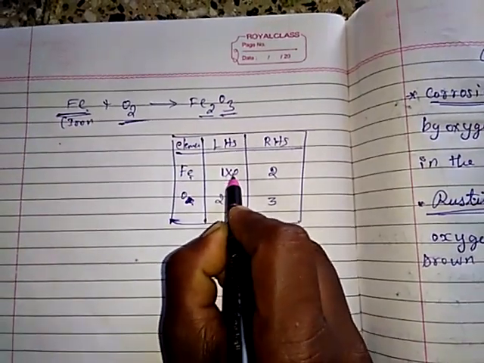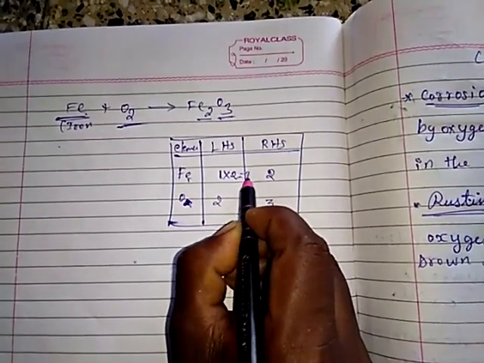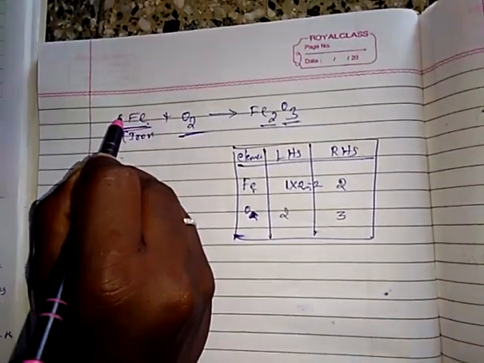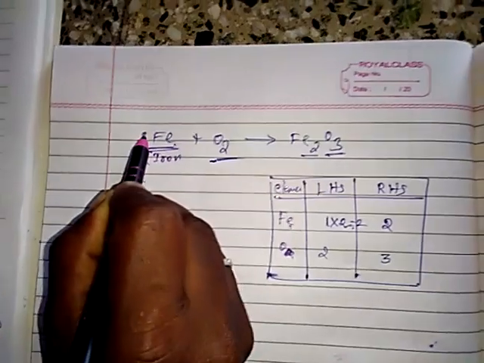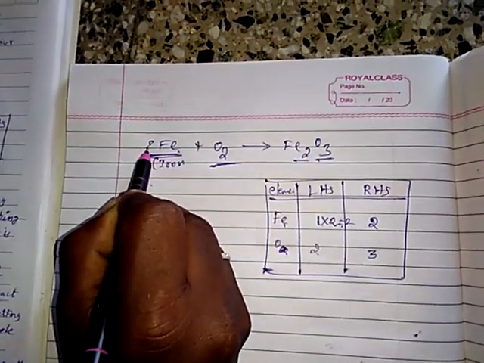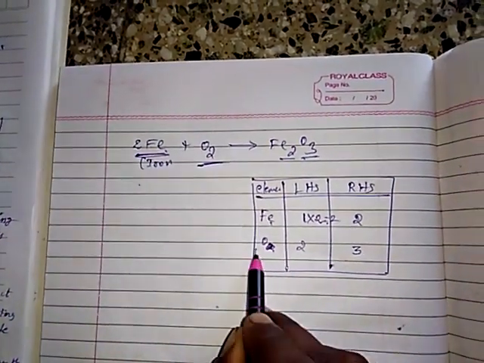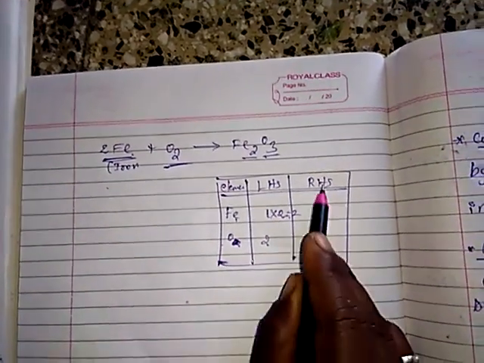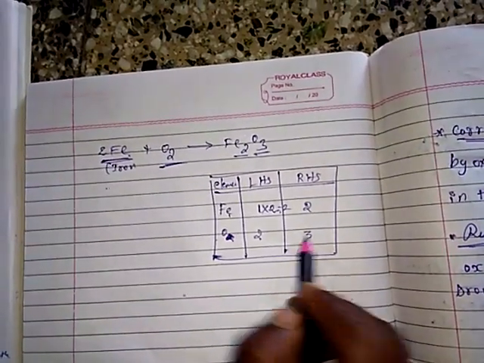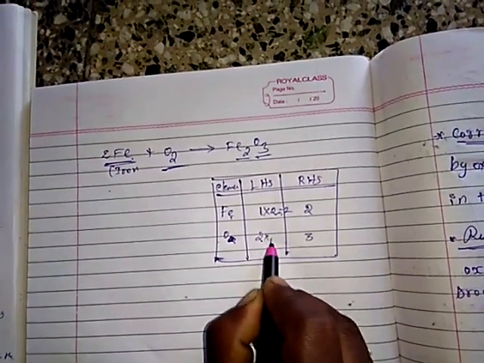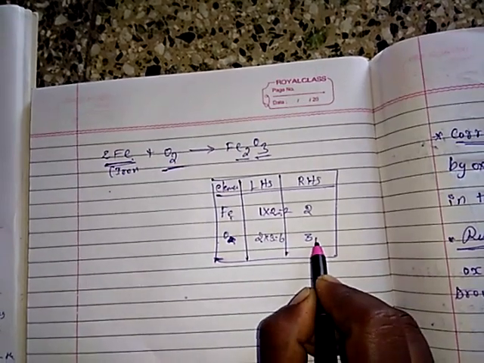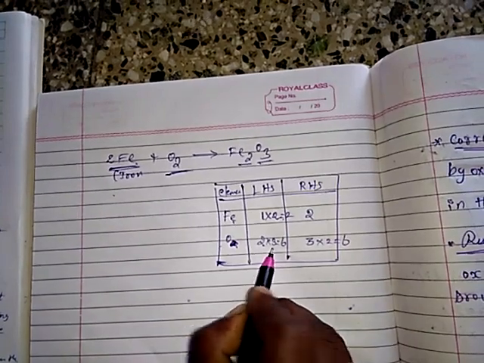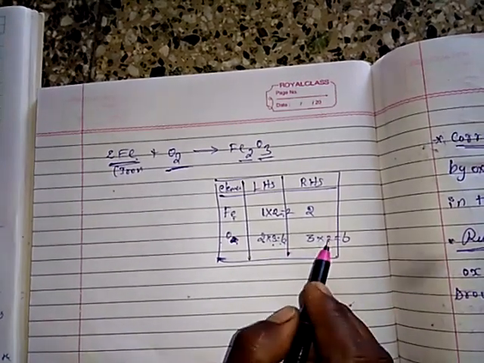1 multiplied by 2 is equal to 2, so here we have to write 2. Then oxygen: left hand side 2 atoms, right hand side 3 atoms. Now we have to balance it. 2 into 3 is 6, 3 into 2 is 6. So oxygen has 6 atoms on the left hand side and 6 atoms on the right hand side.